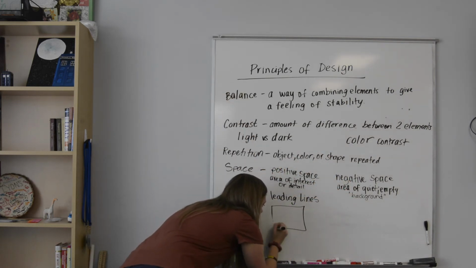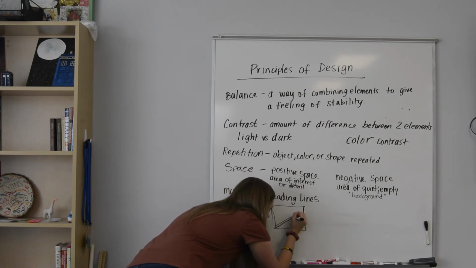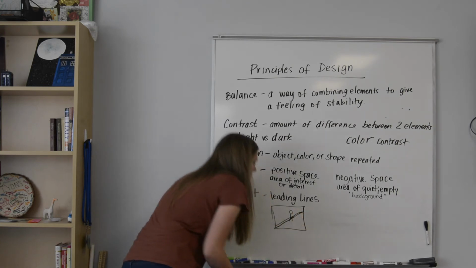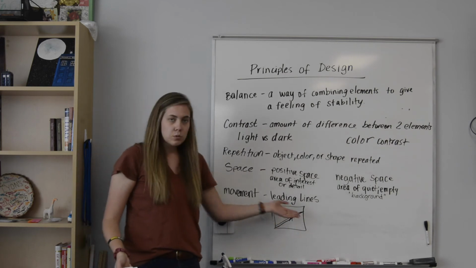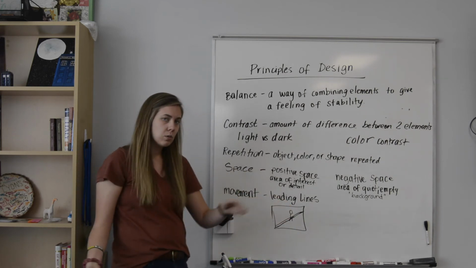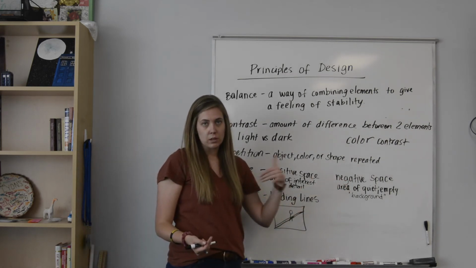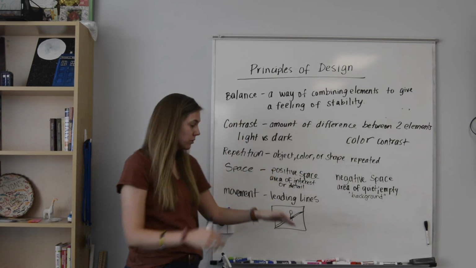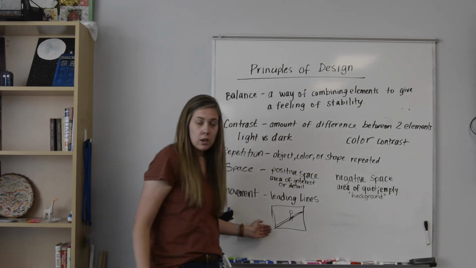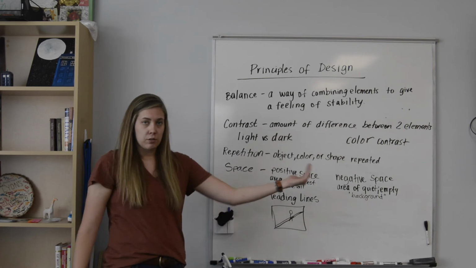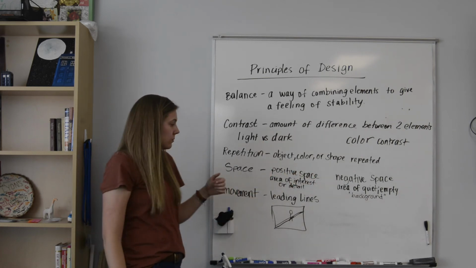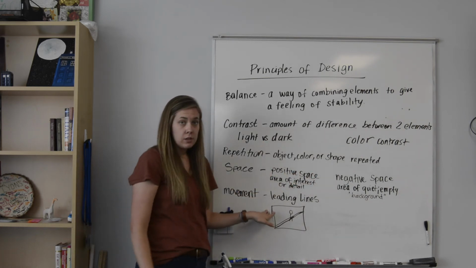So something like this, right? There's actual lines that exist in the real world that are in the photograph that make movement through the photograph, because your eyes will start at one spot and follow the lines all the way through till wherever they finish. So this is literal.